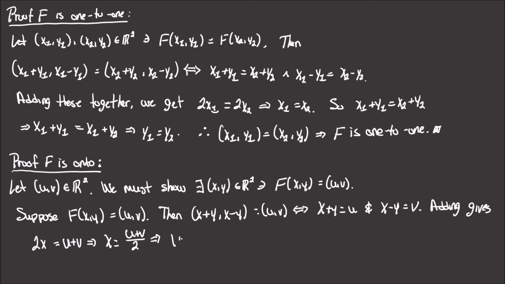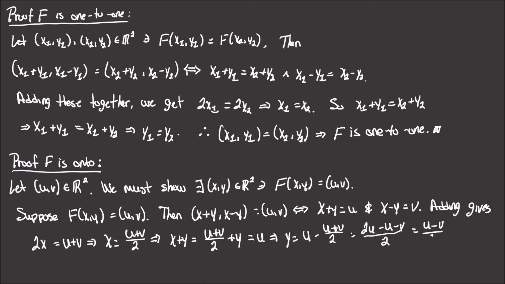So x plus y equals u plus v over 2 plus y. That has to equal u. So this means that y is u minus u plus v over 2, which is 2u minus u plus v all over 2, and that is u minus v over 2.